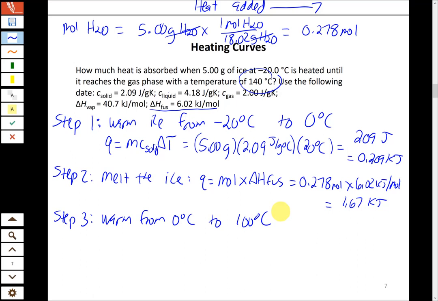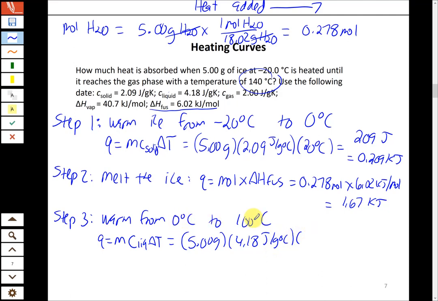And so again, we're in a stage where we're just warming the substance up, changing the temperature, so it's going to be MC delta T. But this time we're going to use the liquid heat capacity because we're in the liquid phase now after melting. And it's going to be the same numbers other than a different value of C. So 5 grams still of the substance. This time we're going to use the more familiar 4.18, or 4.184 if you want to be more precise, joules per gram degree Celsius for heat capacity.